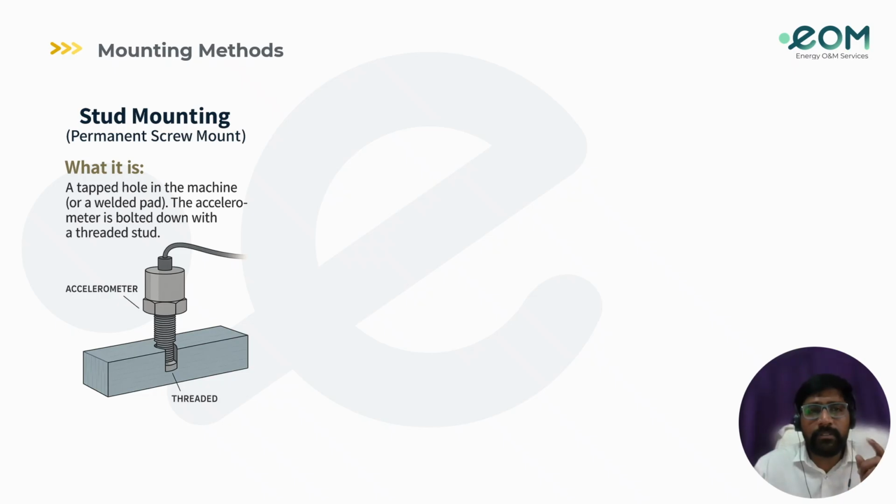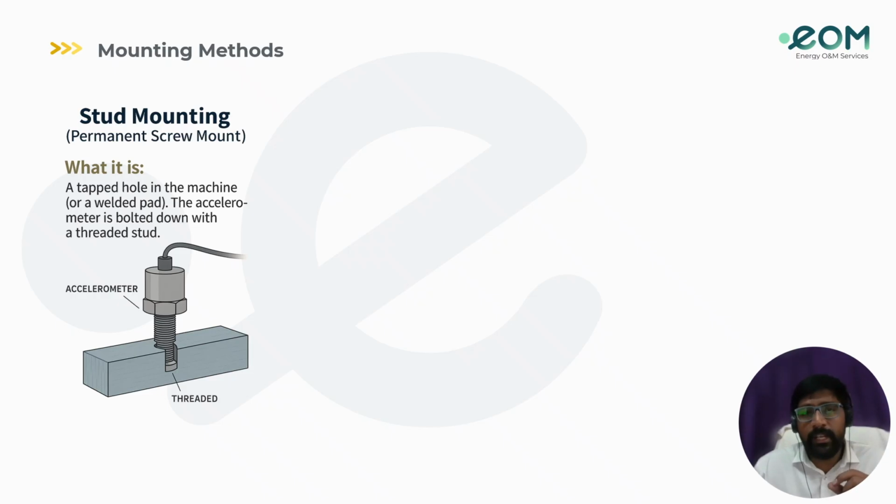So coming to the first one, which is stud mounting, as shown in the figure, a tapped hole is made in the machine or in the welded part. Then the accelerometer is bolted down with a threaded stud, and it's best for continuous online monitoring, for protection systems, and where detailed diagnostics are needed.